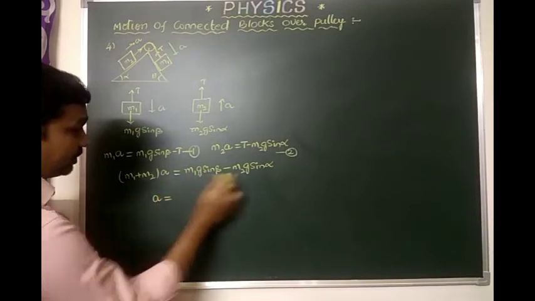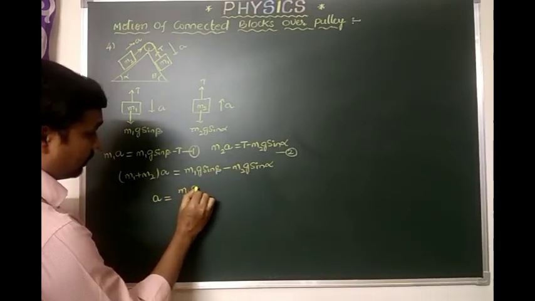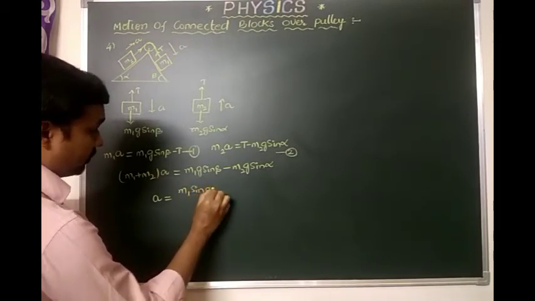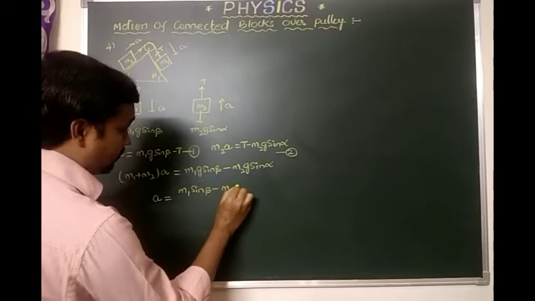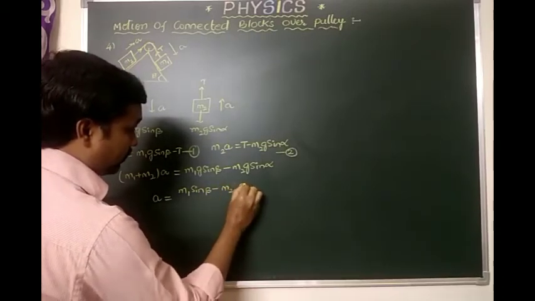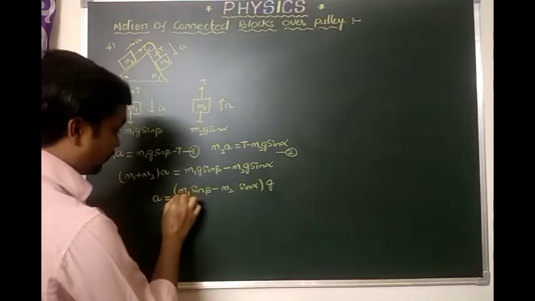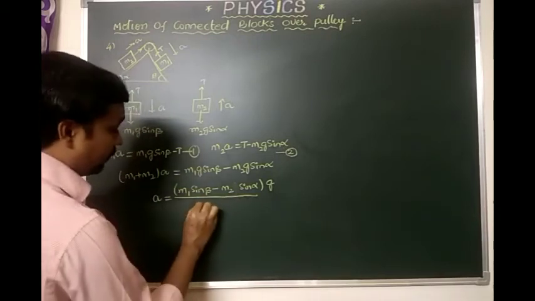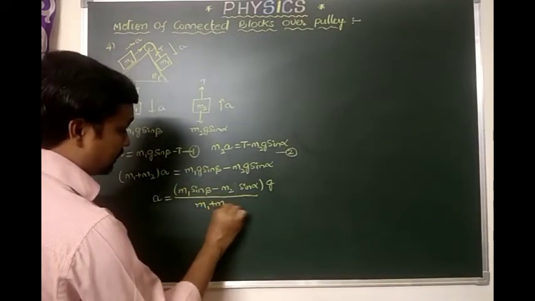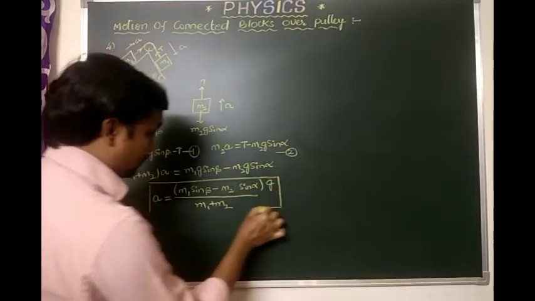A is equal to g, getting common from this, m1 sin beta minus m2 sin alpha, into g, divided by m1 plus m2. This is the formula for acceleration.